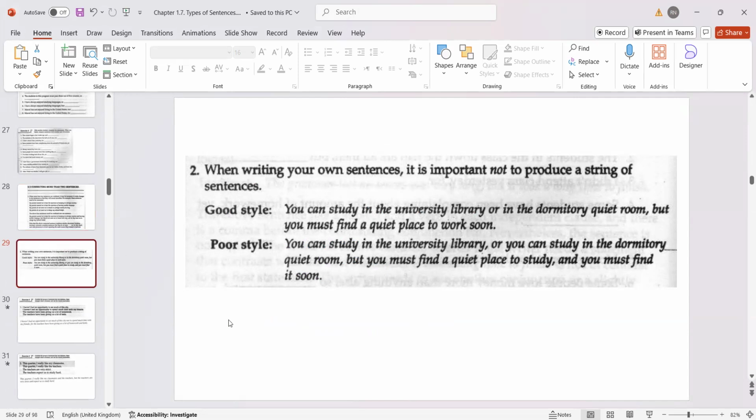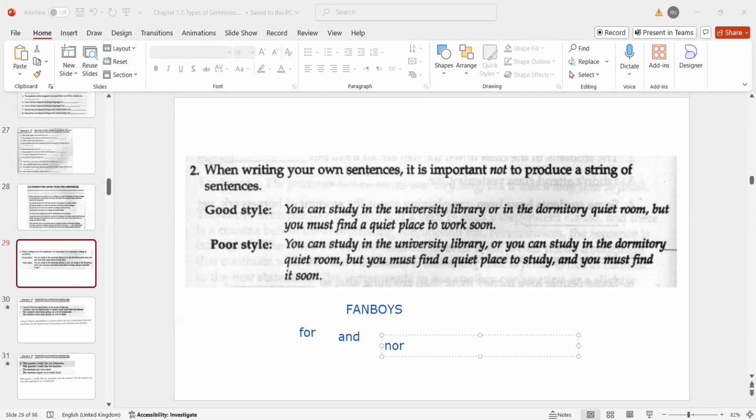So we said that these coordinating conjunctions, like FANBOYS: F stands for for, A, and, N, nor, B, but, O, or, Y, yet, and S, so.